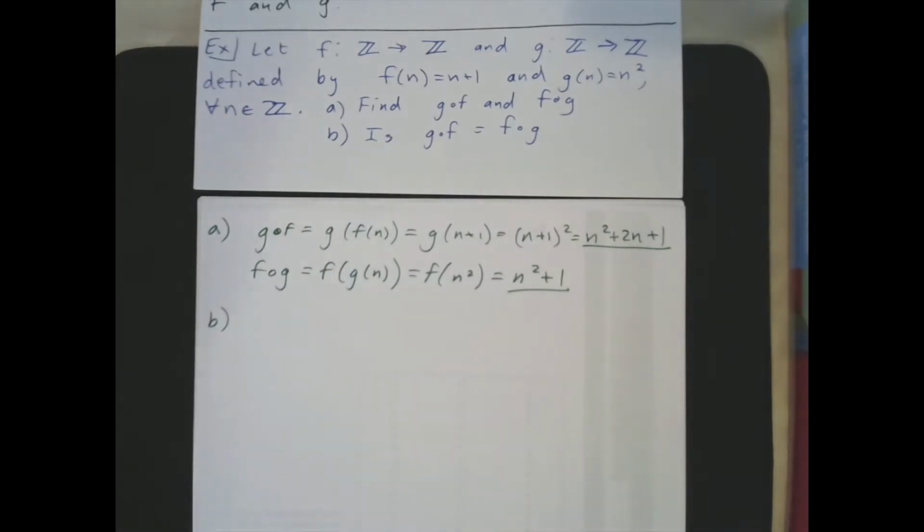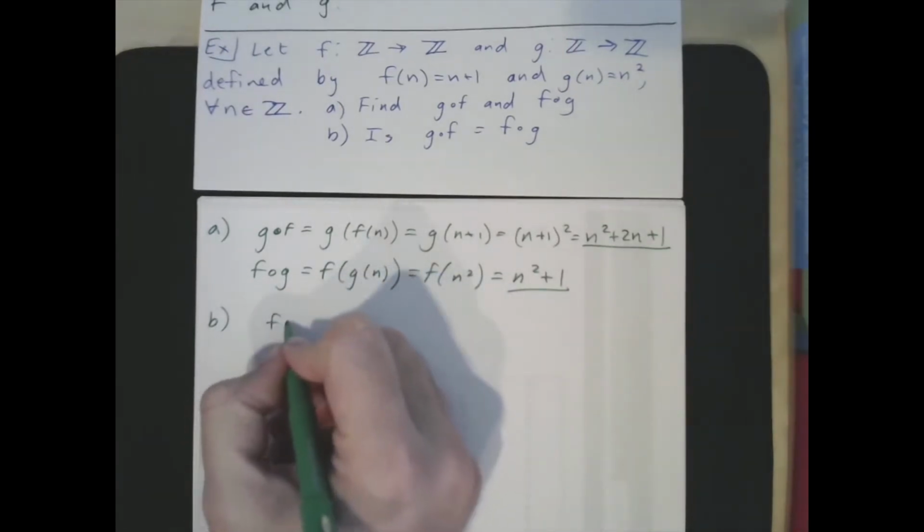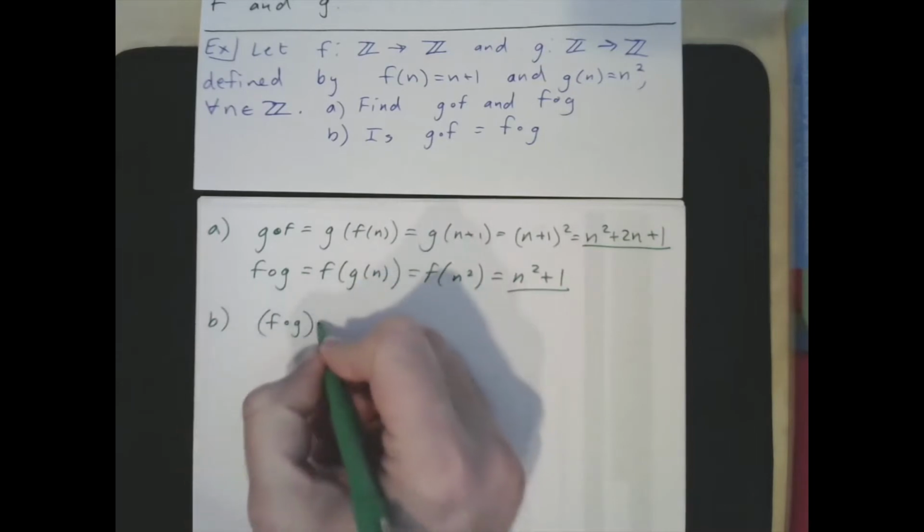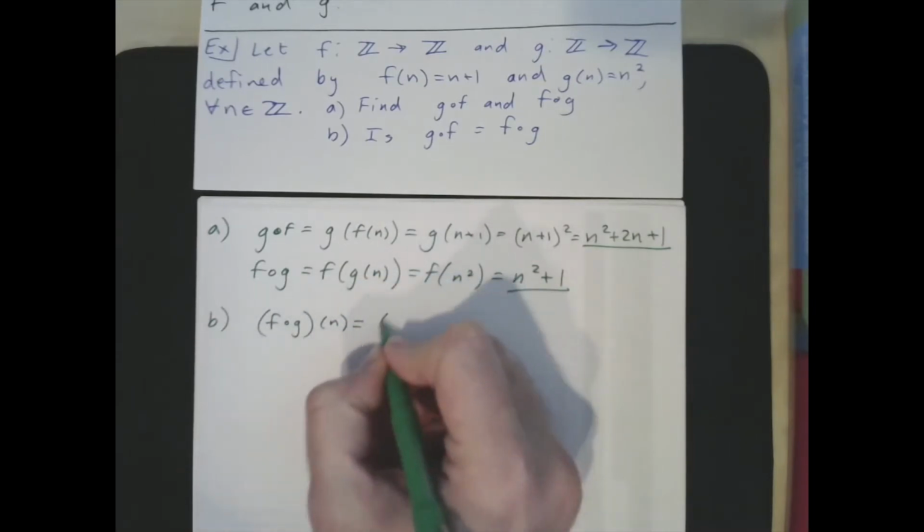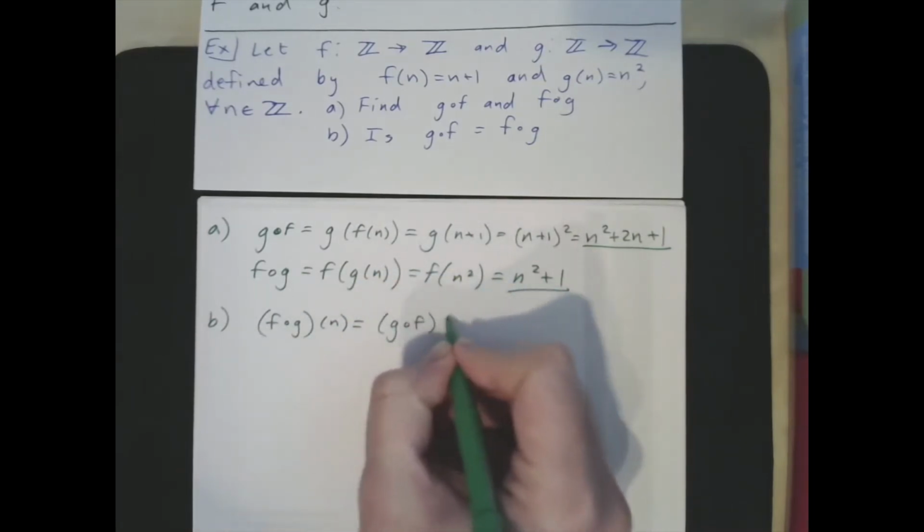Part B now, again, we're thinking about the set theory definition of functions being equal. So we want to think about f circle g and g circle f as their sets, or as what they map to. So f circle g of n equals g circle f of n.